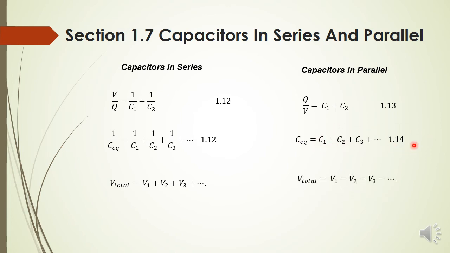Next, for the potential difference, in a series the voltage is a combination of all voltages, whereas in parallel, voltages are equal on all of the parallel connections. So, you have to memorize this for you to compute problems regarding capacitors connected in series and in parallel.